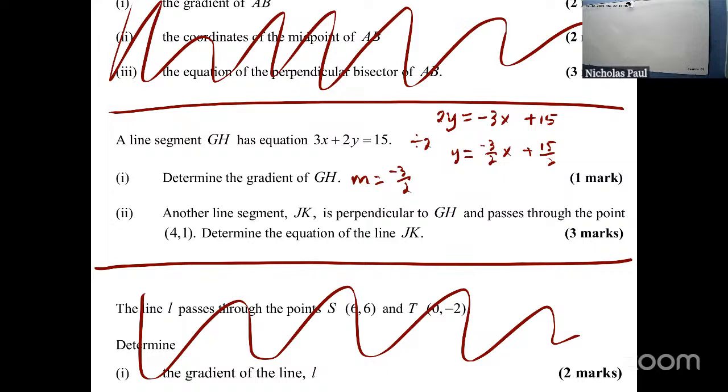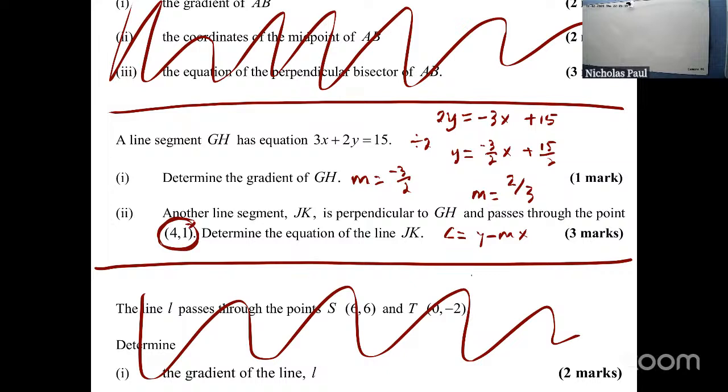Now, what would the gradient be for the perpendicular line? Ethan, what would the gradient be for the perpendicular line? Sorry, right sign? Positive 2/3. Right? And then you need to find c, and you're done. C is equal to y minus mx, and you have a point here. Right? And that's it.